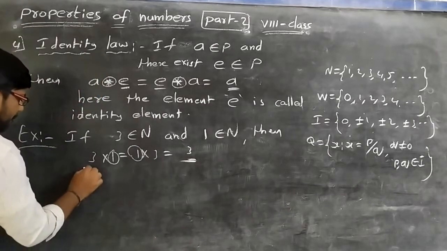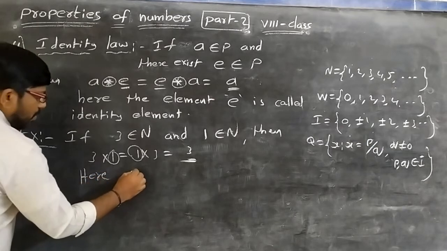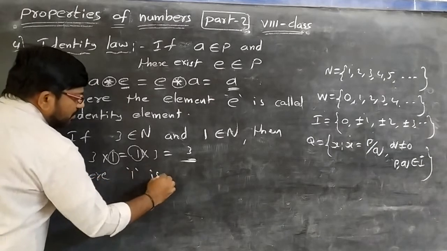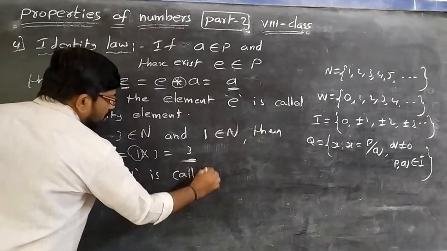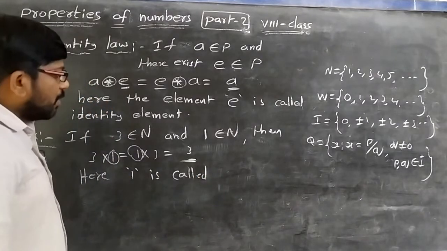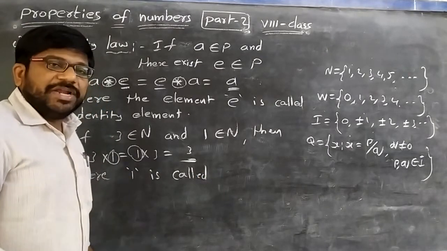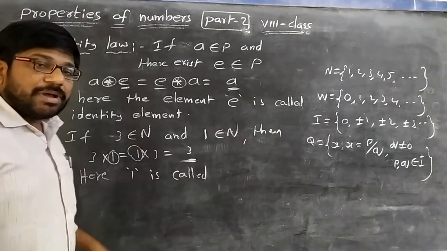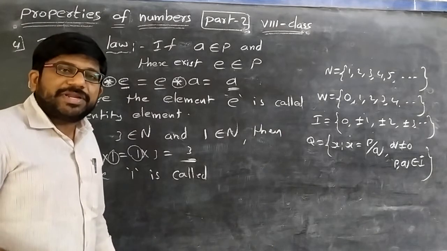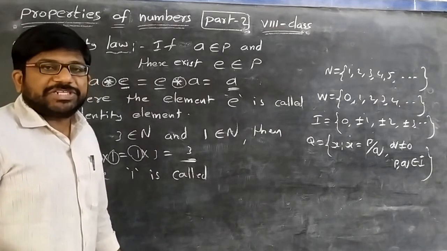So here 1 is called the multiplicative identity element. So 1 is called the identity element in multiplication, right?